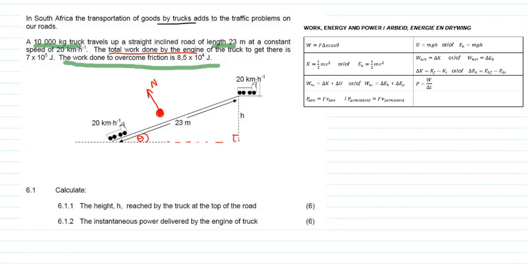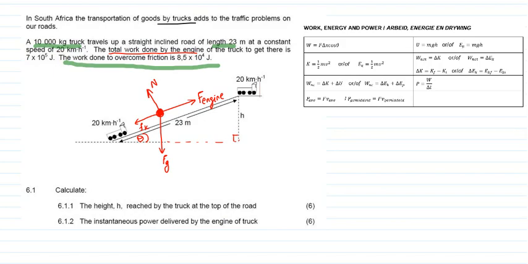Normal force, then force of gravity, and then what other force? Because the truck is going up, there must be the force of the engine that moves the truck up. And then there is also friction.